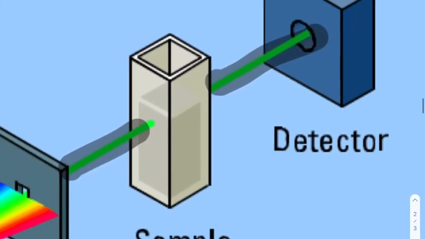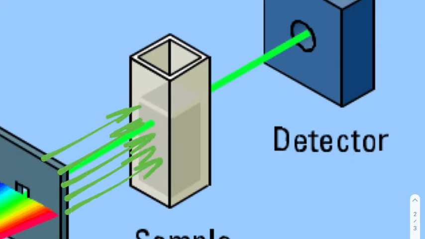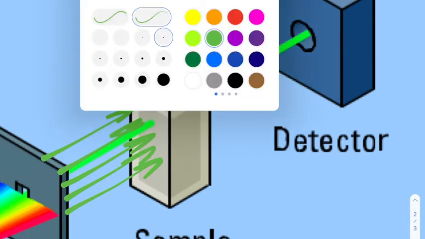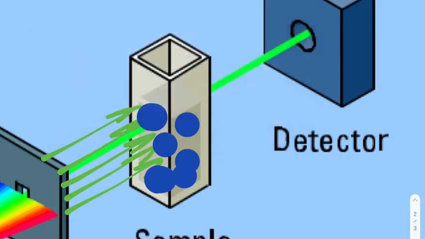Now, basically what it comes down to is this. Let's say that we have a whole bunch of light that's coming in here, and I'm going to represent it with a bunch of arrows. If you have a colored solution that is designed to absorb some of those things, then not all of that light is going to be able to get through.